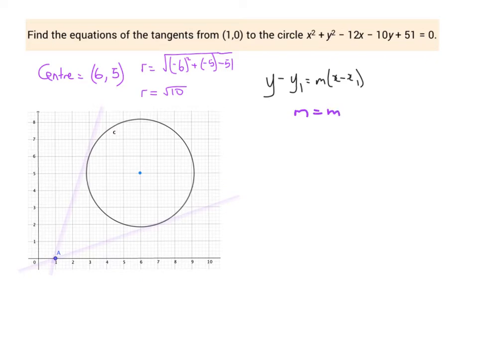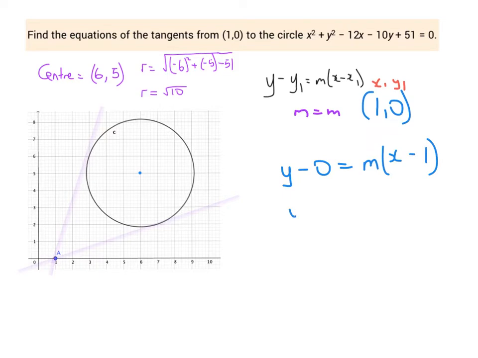And the point that it goes through, the one thing that is for certain, the tangents both go through the point 1, 0. So that's going to be the point that we use, the point that we're given in the question. So that's going to be x1, y1. So our equation of our line is going to be y minus 0 is equal to m bracket x minus 1.